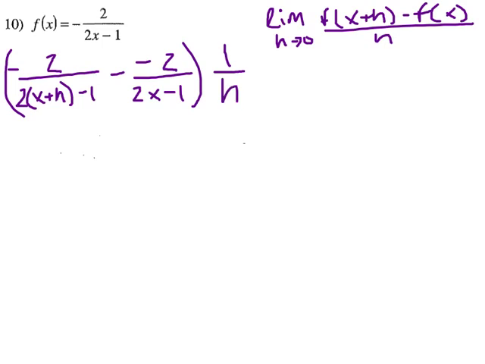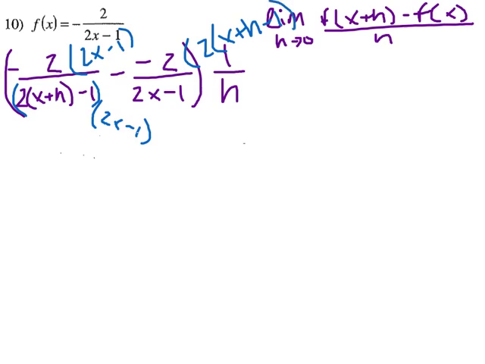So I'm going to go ahead and write it this way. I need to give these common denominators, so I will multiply by the denominator of the other. And then this will be times 2 times x plus h minus 1 and times 2x minus 1.